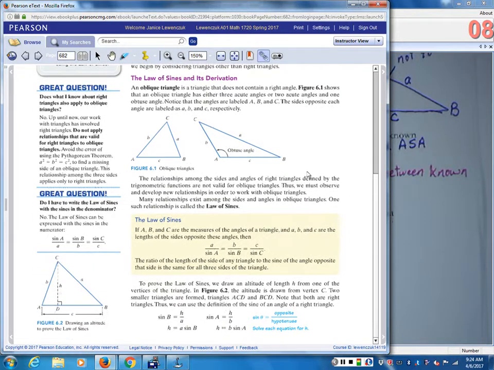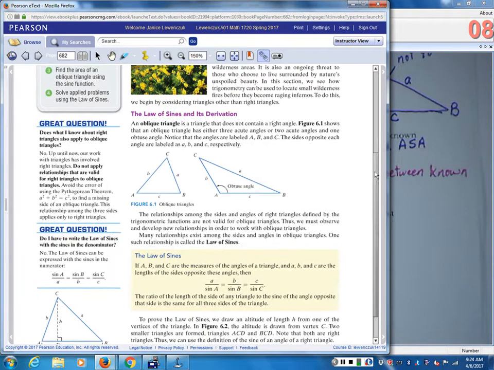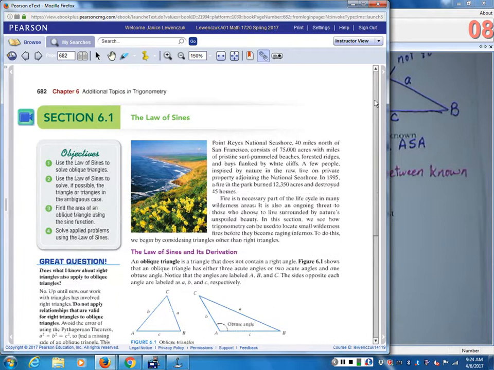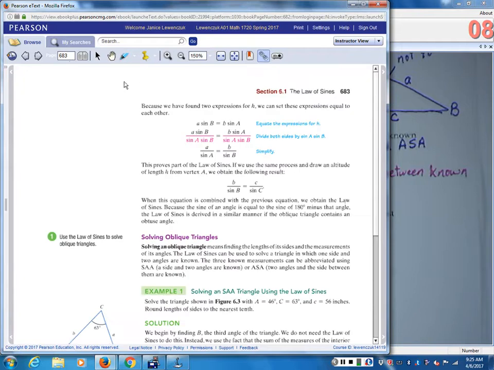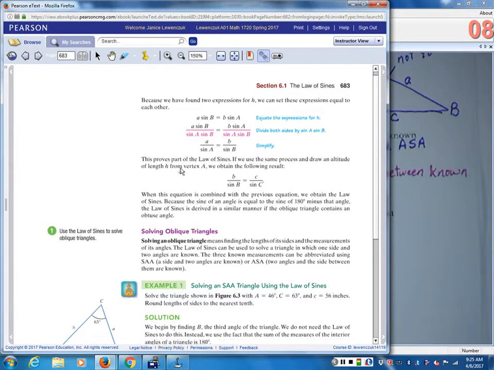So we're going to solve a triangle now. They're proving the law of sines, but you can look at that if you want. We're not going to cover it. Next page. Let's see. I click there, it goes to the next page, maybe? Yeah. Okay, so there's the proof of it.